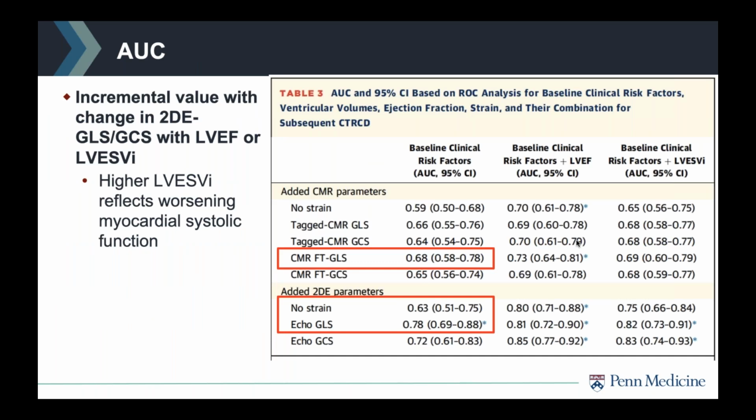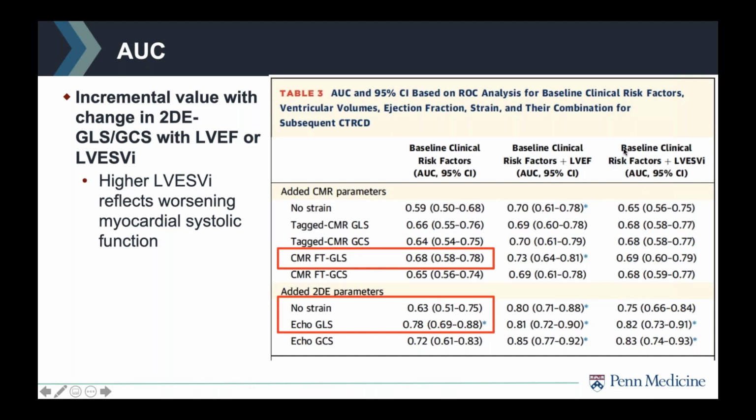The authors also performed the area under the curve analysis. Basically, what it shows is that if you add the echo GLS to your baseline clinical risk factors, there's an incremental value for predicting CTR-CD. Without strain, your area under the curve is 0.63, and it increases by more than 50% if you add the echo GLS, as opposed to adding the CMR features, which increases it between 5 and 9%.